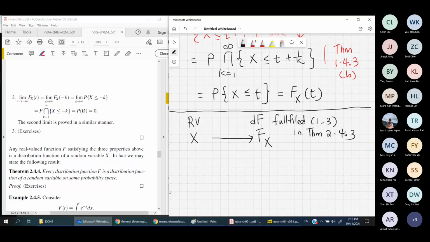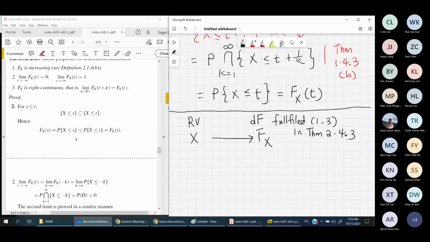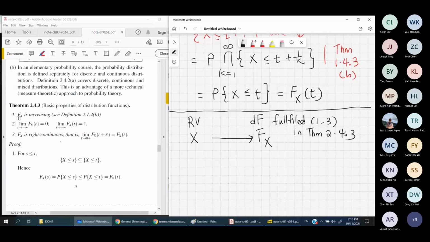So if you have a random variable, we can always use this random variable to generate a distribution function. That is something which always fulfills properties 1 to 3 in theorem 2.4.3.